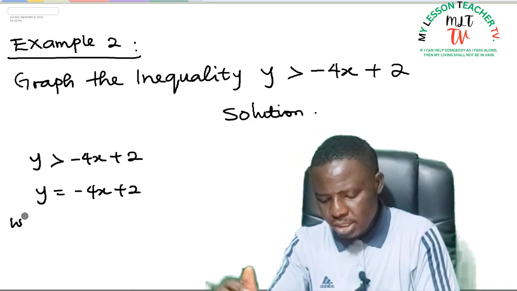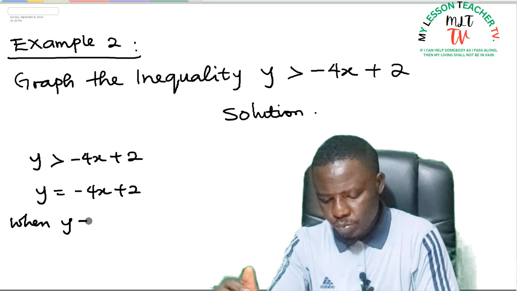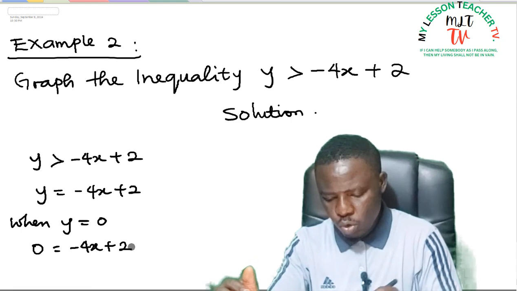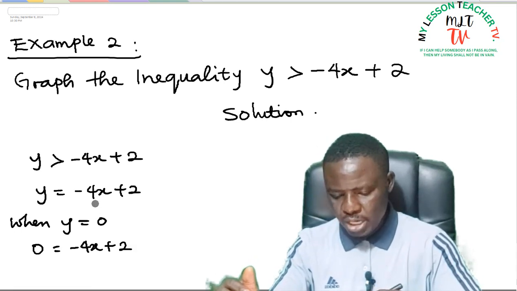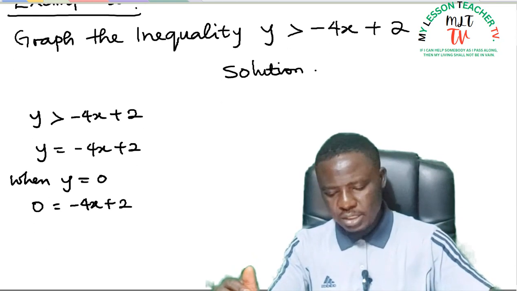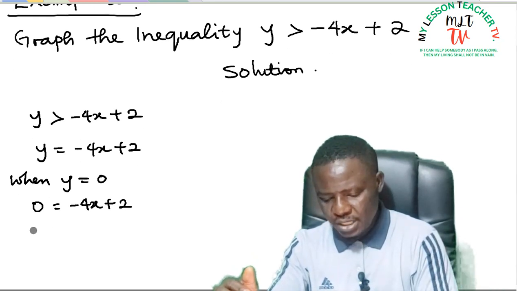So when y is equal to 0, 0 is equal to minus 4x plus 2. What I'm trying to do now is to get the value of x, which is referred to as the x-intercept, when y is equal to 0. So you have minus 4x, plus 4x is equal to 2.